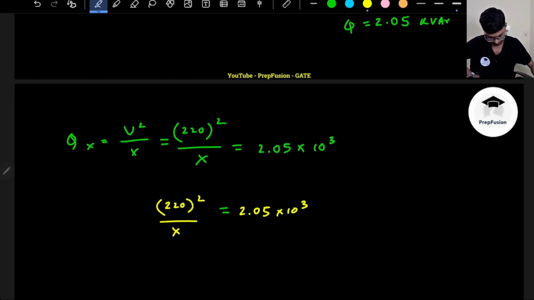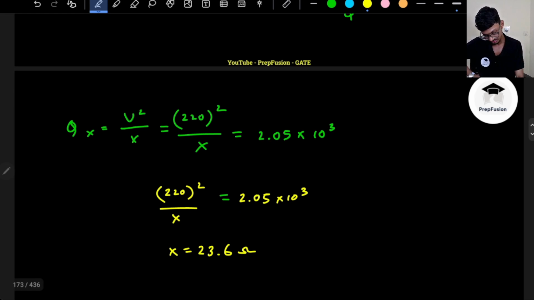So this will be 220 whole square divided by 2.05 divided by 1000. So X will be equal to 23.6 ohms. This is the value.